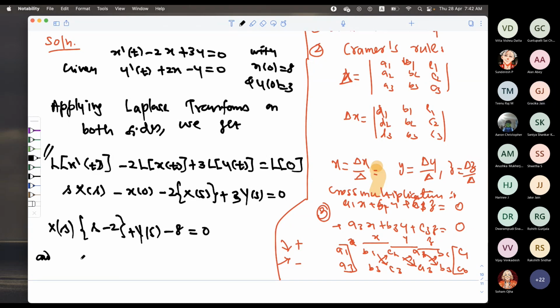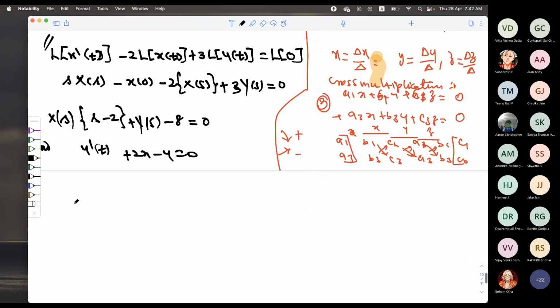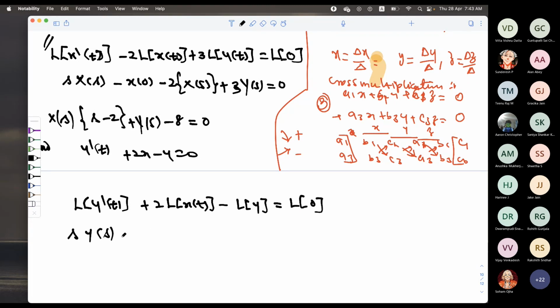Yes. And for y derivative of t plus 2x minus y, considering L of y derivative of t plus 2 times L of x of t minus L of y equals Laplace transform of 0, this is s times y of s minus y of 0 plus 2 times x of s minus y of s equals 0.